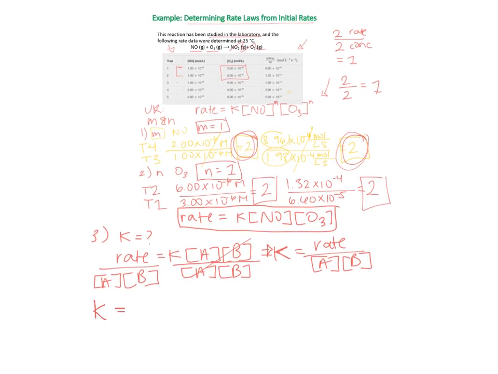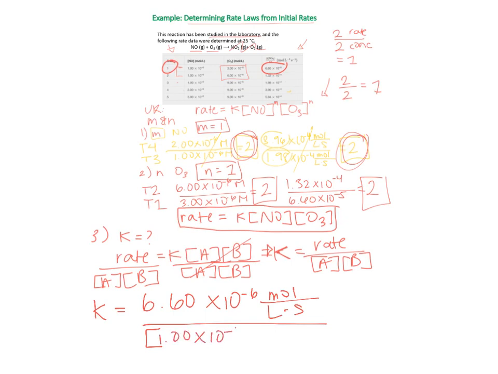So let's say we're going to look at trial 1. And I know it's small, but I'll write it out. We're going to take the rate that we got, which is right there, 6.60 times 10 to the negative 6. And then we're going to divide by the concentrations of both reactants. So for A, or in other words for NO, 1.0 times 10 to the negative 6 molar, and then multiply it times the concentration for O3.